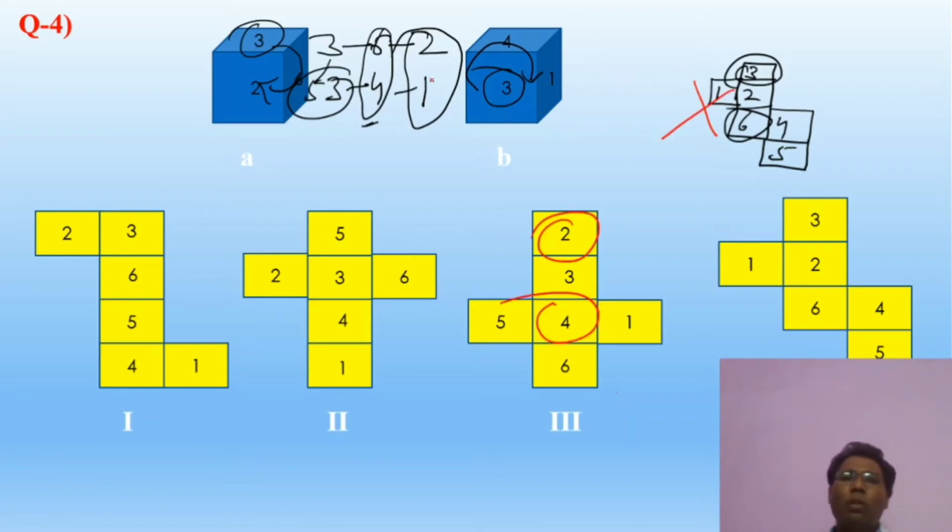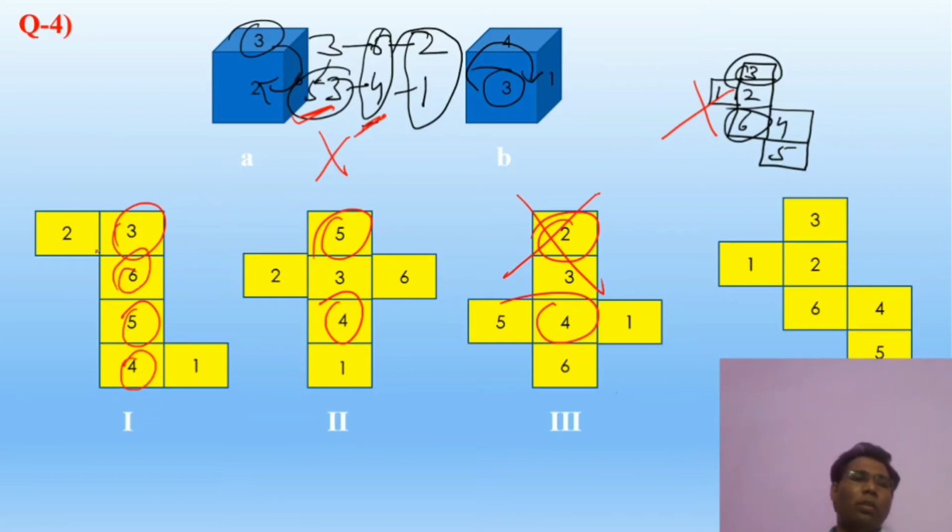Opposite to 2 is 4, it is also not matching. Opposite to 5 is 4, this is not matching with our result. Opposite to 3 is 5, yeah, and opposite to 6 is 4, this is also correct. Opposite to 2 is 1, so this option is correct.